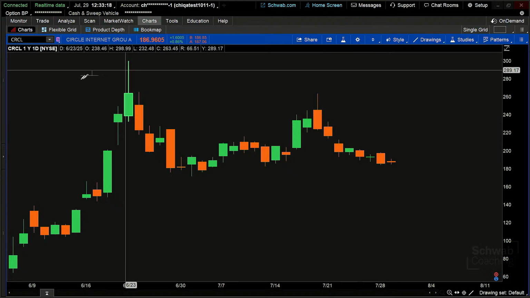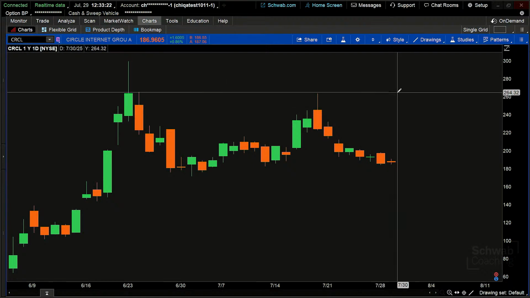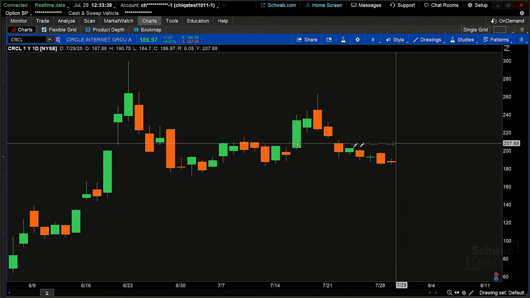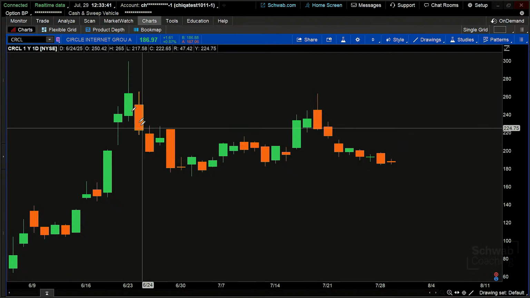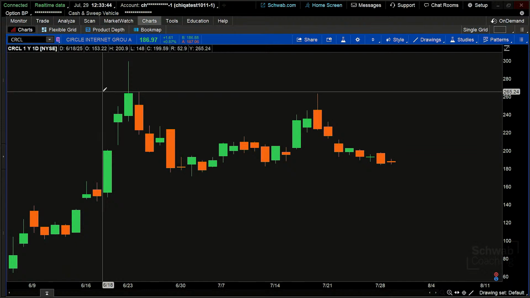So if I come back down and start to look back against that price movement, there's only a few weeks of price movement, but I can already see that this level right here at 264.32 has, objectively, not subjectively, objectively meaning I can prove it, it's visible, I'm not just guessing, that level has existed as a level of resistance.